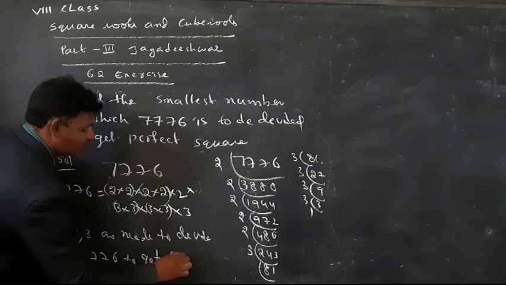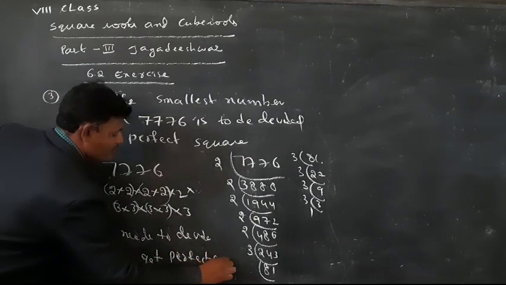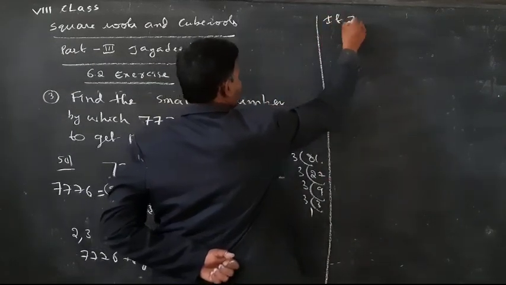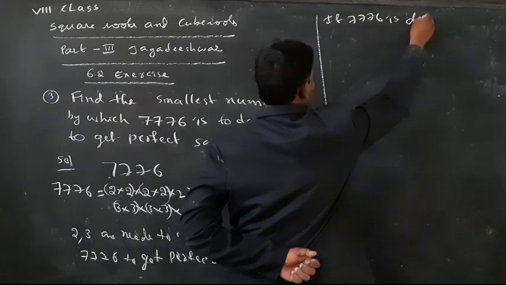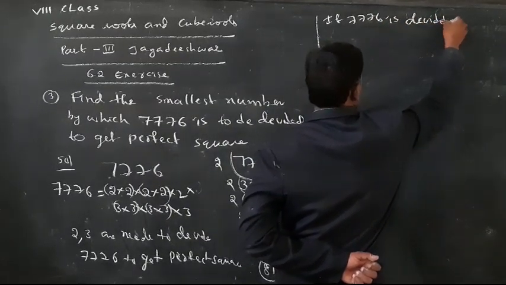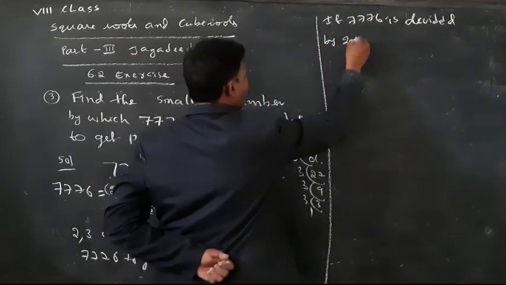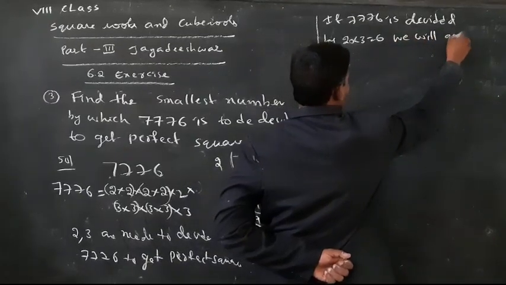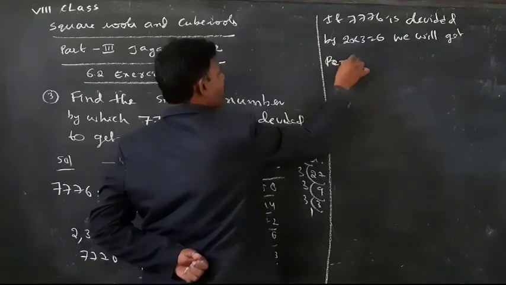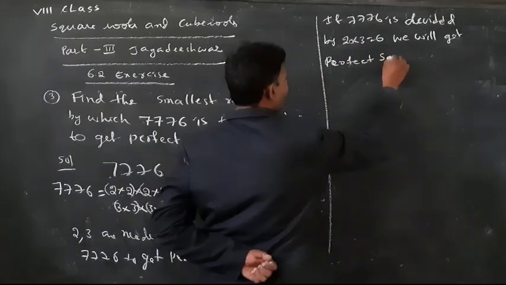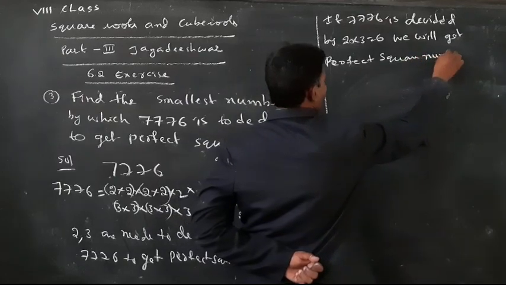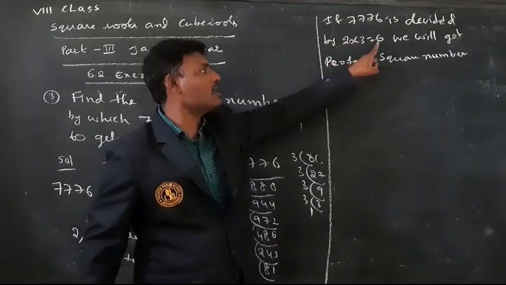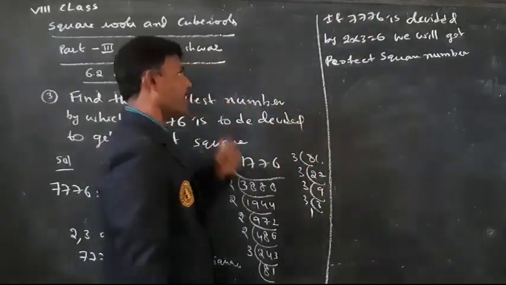If 7776 is divided by 2 into 3, which is equal to 6, we will get a perfect square number.